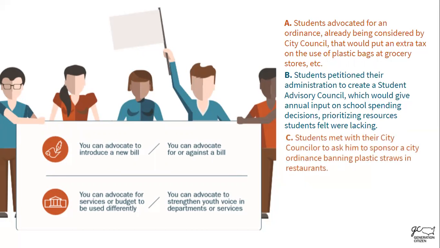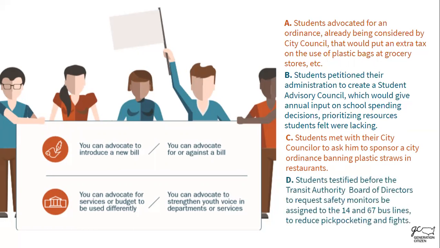You have students meet with their city council to ask him to sponsor a city ordinance banning plastic straws in restaurants. And you have students testify before a transit authority to request safety monitors on specific bus lines to reduce pickpocketing and fights.